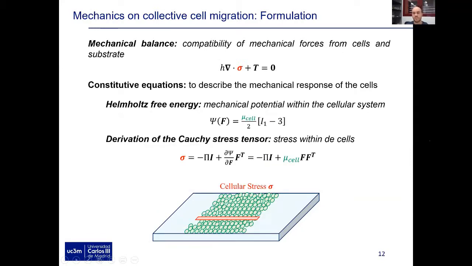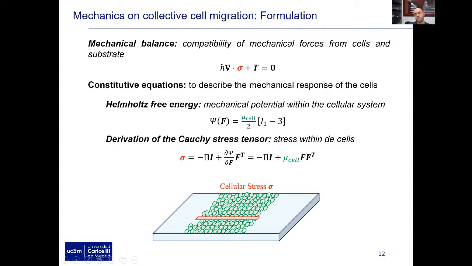Once we define that, we also want to define what is happening internally, right? How is the evolution of this mechanical stress within the cellular system? To do so, we made use of some hyperelastic theories. Although we can include many other dependencies, we wanted to reduce the system at this stage to a simple model, just using this Neo-Hookean model for incompressibility conditions.